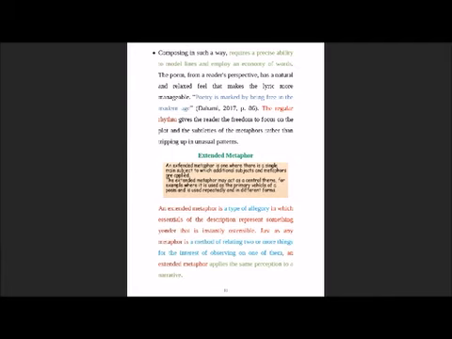The poem, from a reader's perspective, like you, like me, has a natural and relaxed feel that makes the lyric more manageable, like what we call free verse, not restricted to regular rhythm or rhyme. Poetry is marked by being free in the modern age. A very interesting idea we can realize here.